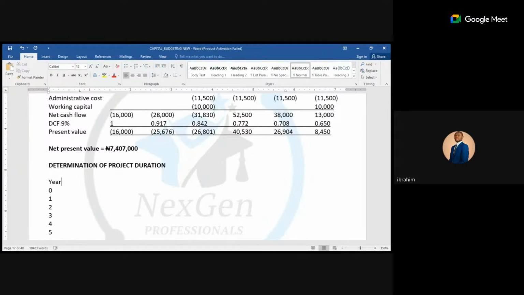Please don't forget the way we normally present our workings, right? I will just put items. Cash flow. So after items, what do we have, class? We have the DCF, right?